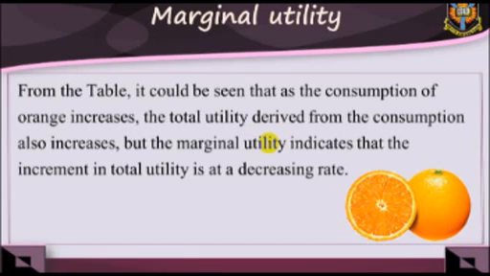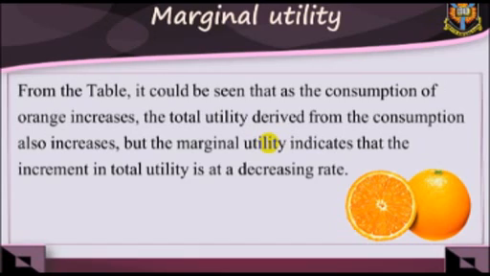Hence, it is the marginal utility that can enable us to know the extent to which the total utility is increasing. As quantity consumed of a good increases, marginal utility derived from each additional consumption decreases.